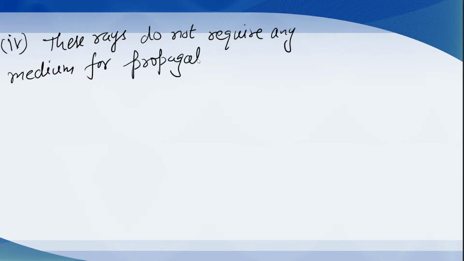So these are characteristics of electromagnetic radiation. Like sun rays, they reach us after passing through space which has no material medium.